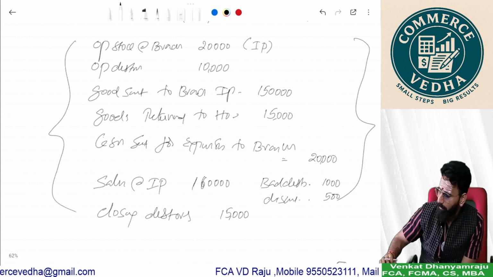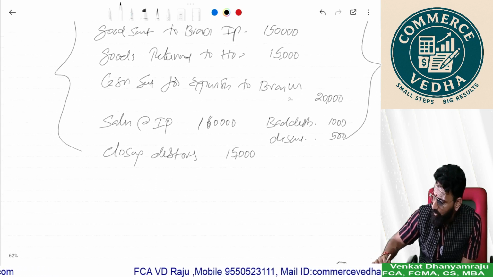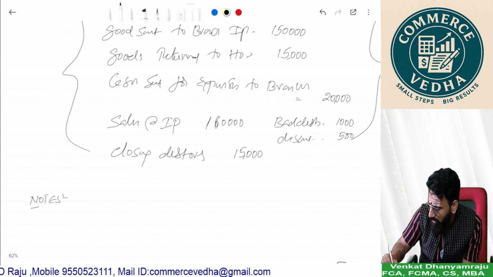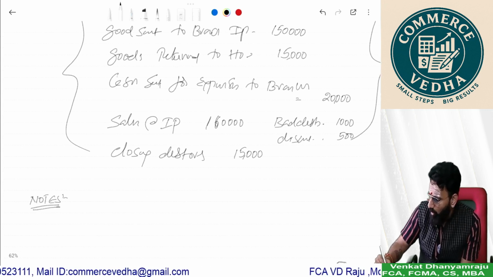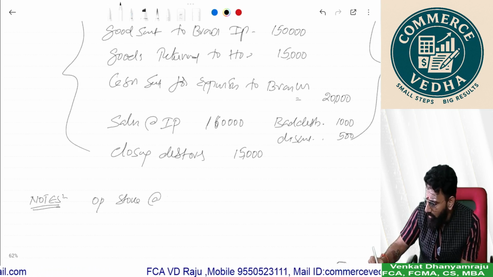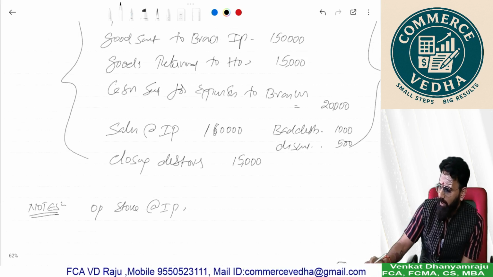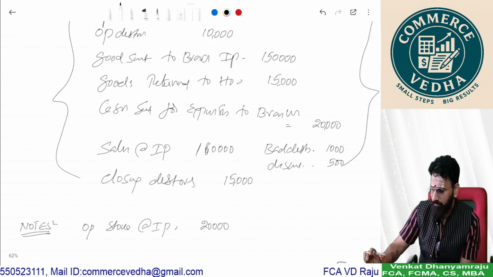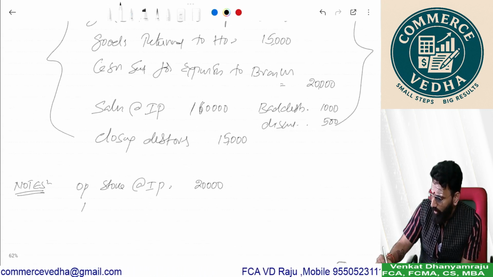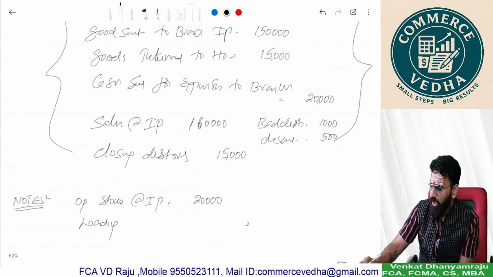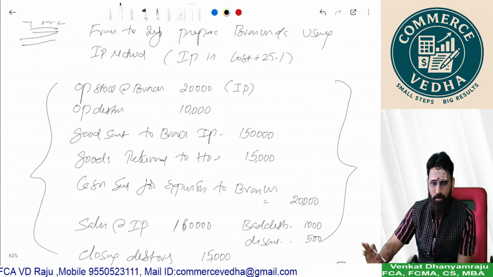Now, how do I prepare this? I should go first to my working notes. Opening stock at invoice price, given in the question, is 20,000. Loading: it says 25% on cost.